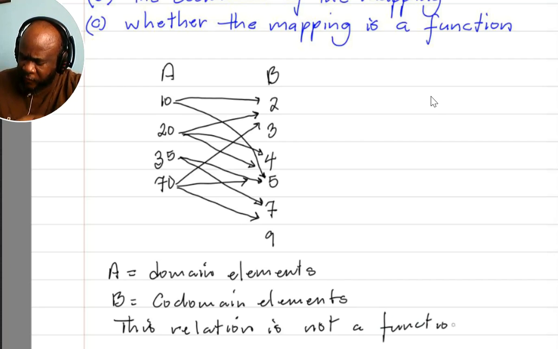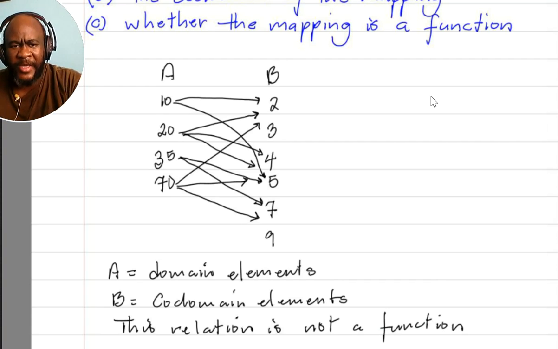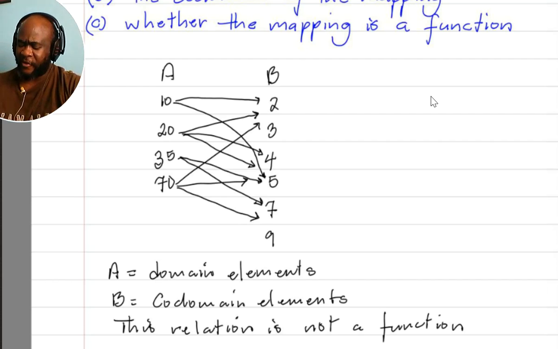Now, for a relation to be a function, every element in the domain must be mapped onto only one element in the codomain. And looking at this, 10 is mapped to 2 and what? 5. 20 is mapped to 4, 2, and 5. So almost every element in the domain is mapped to more than one element. By definition, this is not a function.